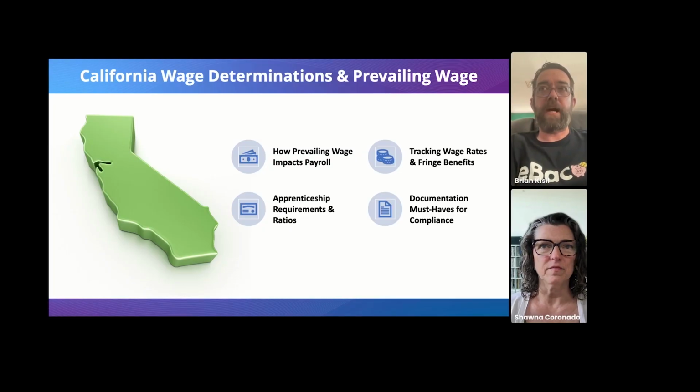So even though it does have some double asterisk determinations, which will have scheduled increases every year for about 3 years, you want to make sure you're maintaining the rates appropriately, that your fringe benefit rates with the allocations from the DIR are on there correctly. And then also, obviously, you want to make sure you're maintaining your apprenticeship ratios for those jobs that are apprenticeable.